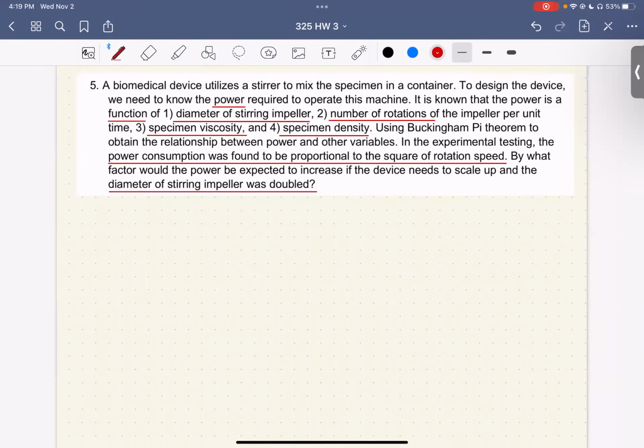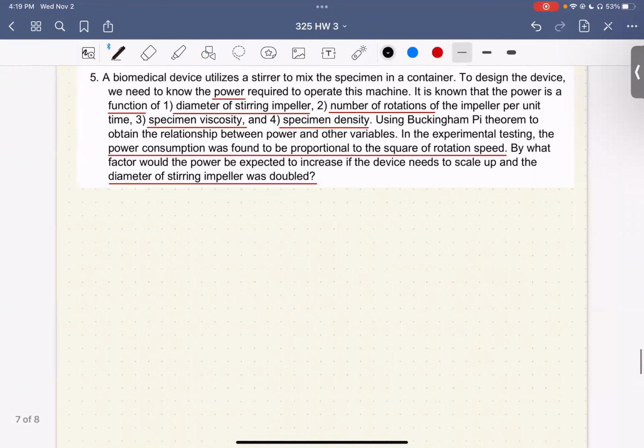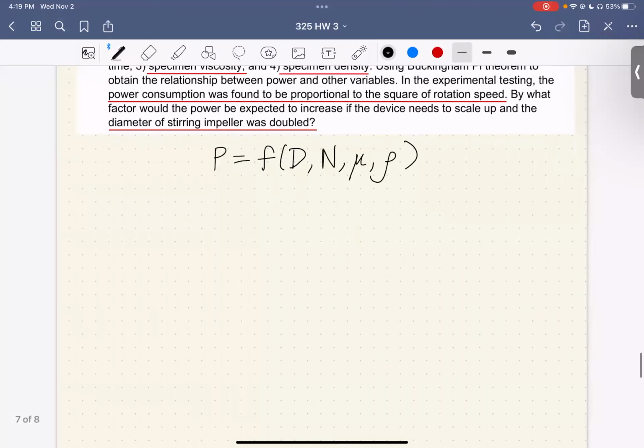So let's get started. We know that power, denoted by P, is a function of diameter, capital D, number of rotations, which I'm going to denote by capital N, viscosity, which is mu, and density, rho. So let's keep going. Let's do the same exact thing that we just did in the previous question. We're going to make our little table. It's very handy.